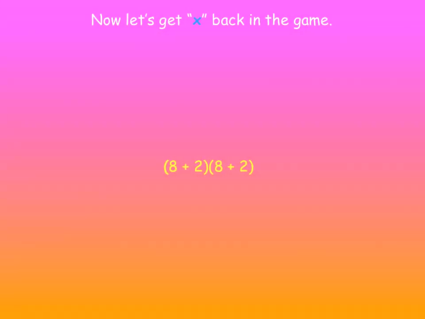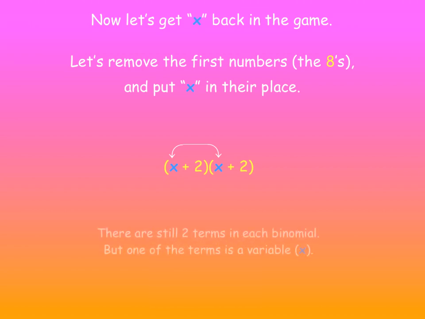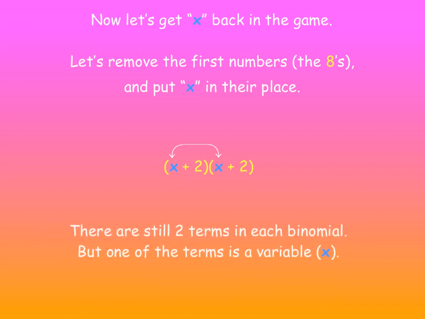Now let's get x back in the game. Let's remove the first numbers, the eights, there they go, and put x in their place. There's an x over here and an x over there. Looks like binomials being multiplied. There are still two terms in each binomial, but now one of the terms is a variable, as it should be.